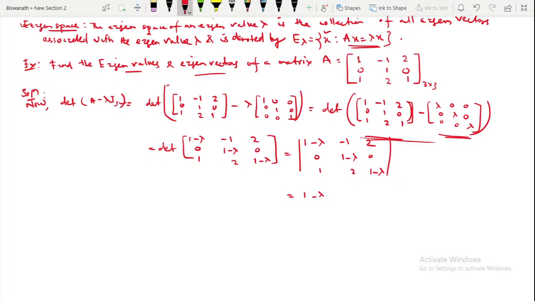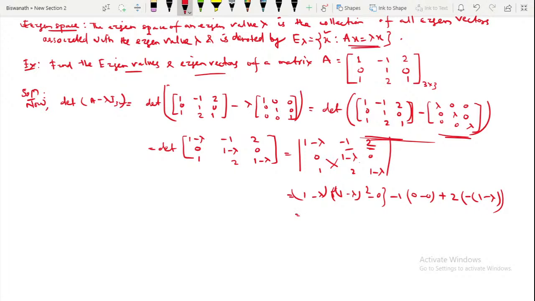The determinant of this one is equal to 1 minus lambda whole into, make this product, 1 minus lambda whole square, minus 0 into 1 minus lambda, then minus 1 whole into 0 minus 0, plus 2 whole into, you know how to find the determinant, 2 whole into this is 0, and this one is minus of 1 minus lambda.